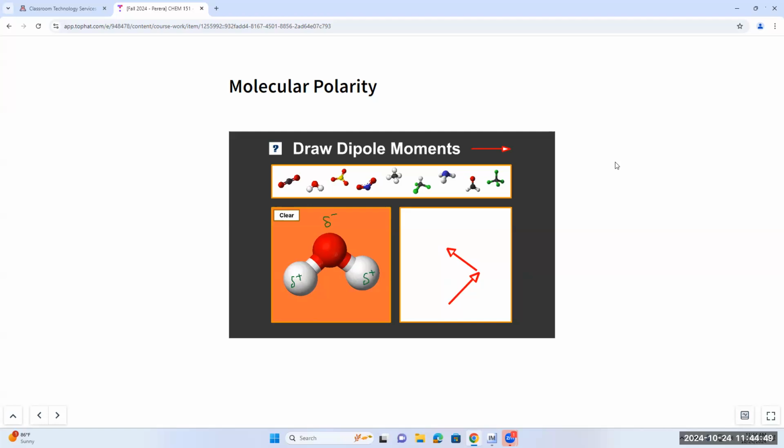We started at, I'm going to use red, this point. This is our origin. We ended up at this point. So we have a net dipole moment going from the starting point to the end point. Therefore, the net dipole moment of this molecule should look like this, with the direction towards oxygen.